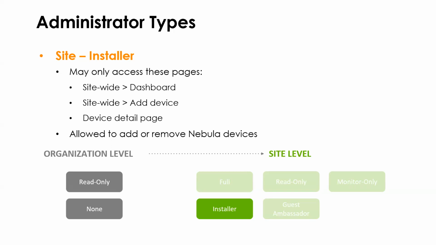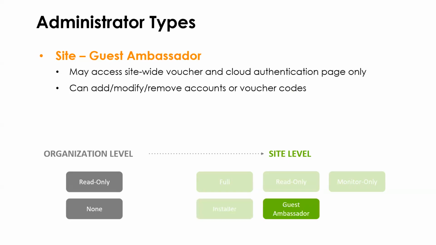And also because of this, we have added the ability to have this site permission automatically expire after a certain period of time. So if you've got somebody that you've contracted for the next 30 days to do some installs for you, you can have that at the end of the 30 days automatically remove all of their access. So you don't have to manually go in and remember to remove access for your third-party installers.